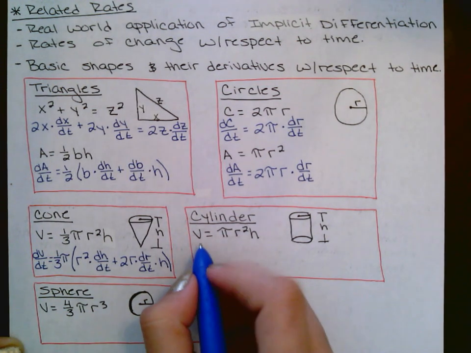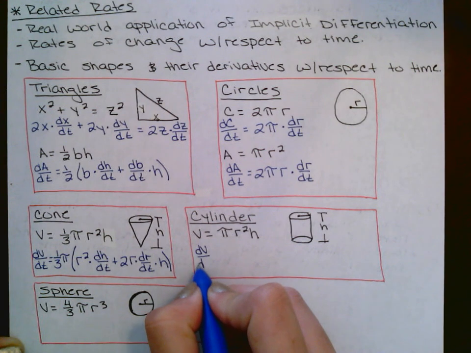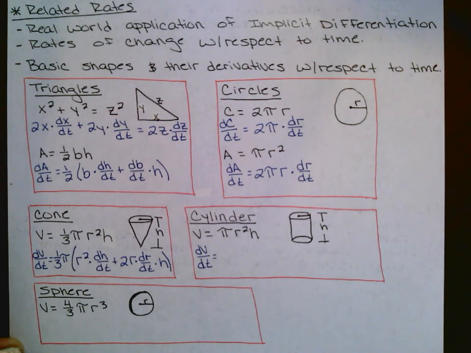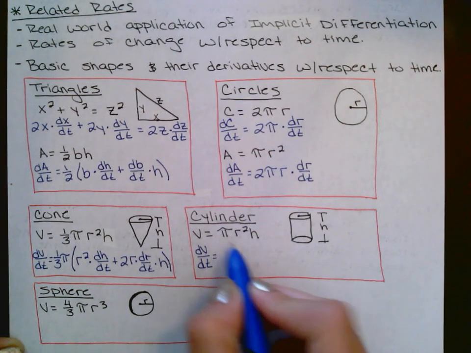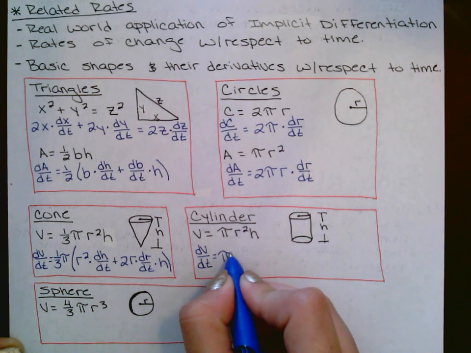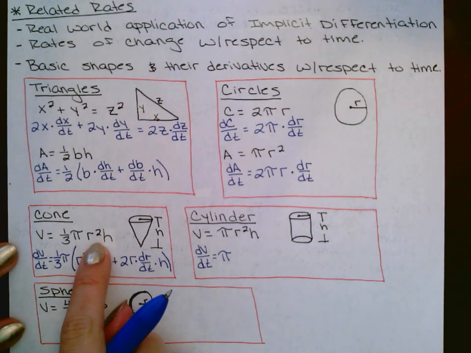Cylinder, derivative of volume, dV dt equals, pi is a coefficient, so I'm going to bring down my pi. And then here, r squared times h is the same as this r squared times h here.